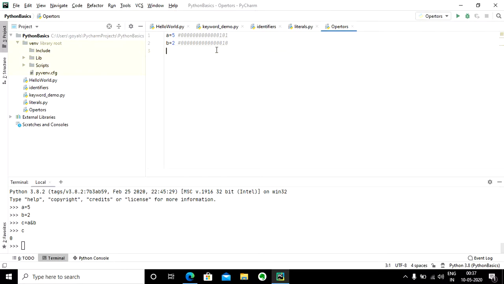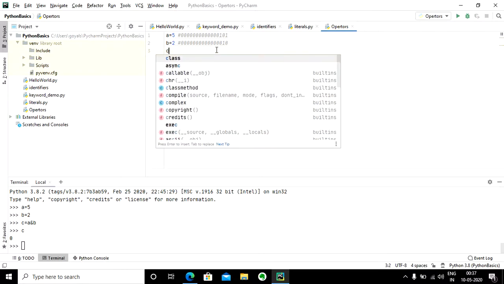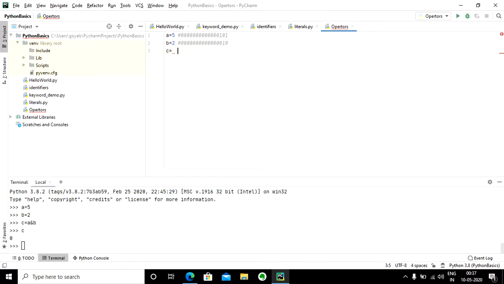So internally, let me tell you what is going to be c, but let's first calculate the bit representation of a and b. If c equals to a and b, then what I am doing is performing the AND operation between this value and this value, between each pair of bits.